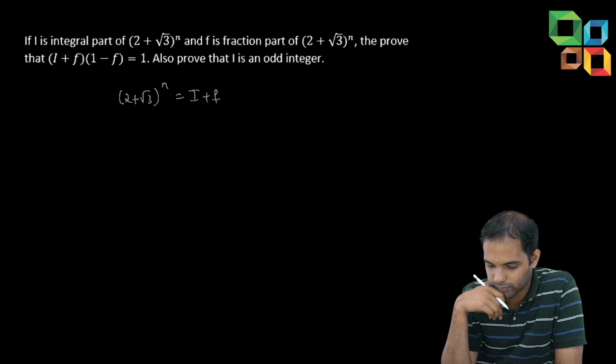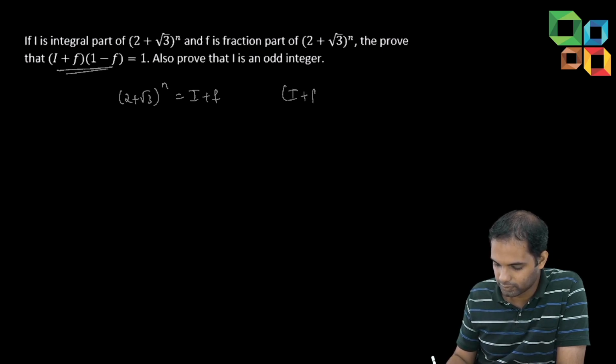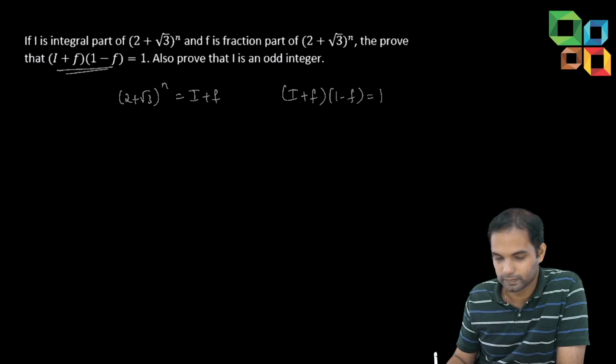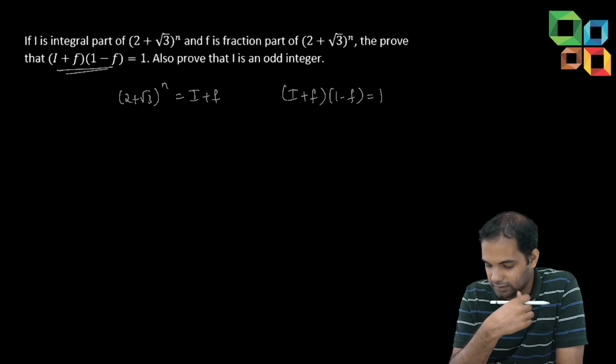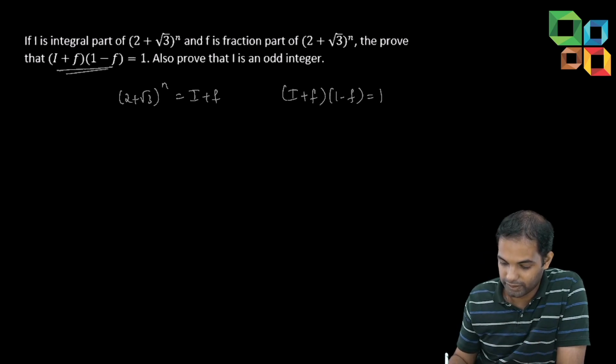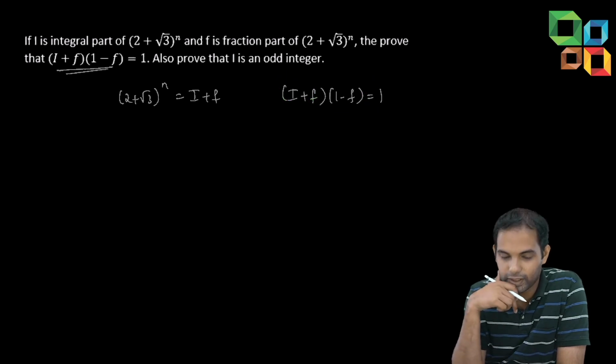What I have to do is find out what this is and prove that I plus f into 1 minus f is equal to 1. Now this is very clear. Look at this. This integer looks like it's pretty huge, into 1 minus f somehow is going to give me 1. So we have to figure out how that is possible.